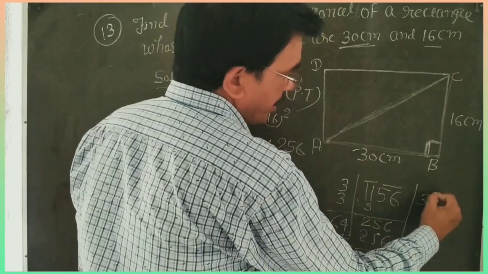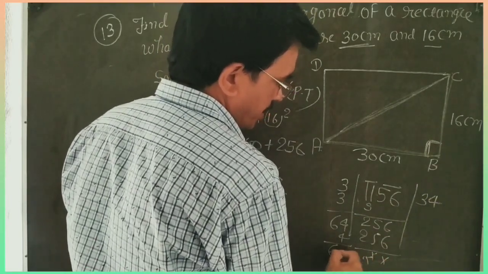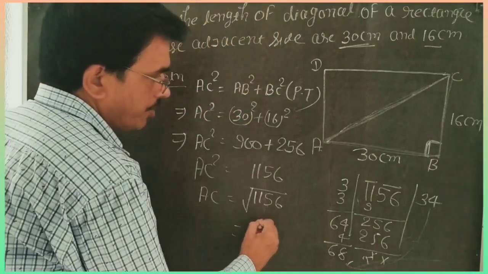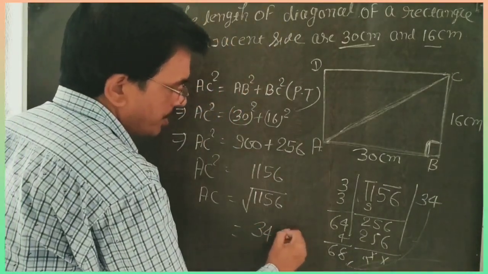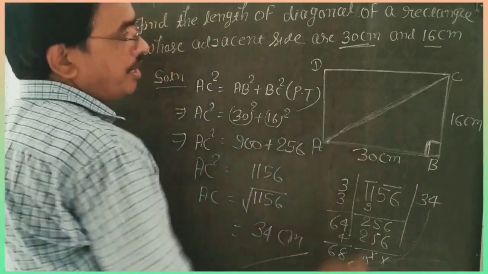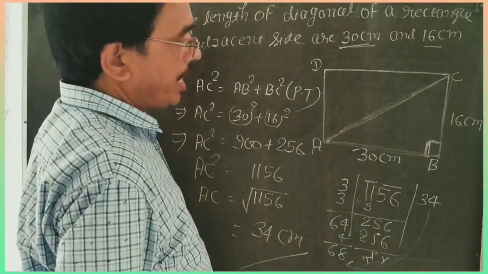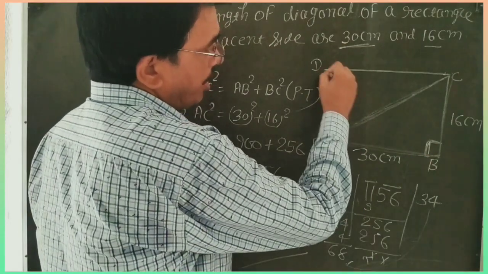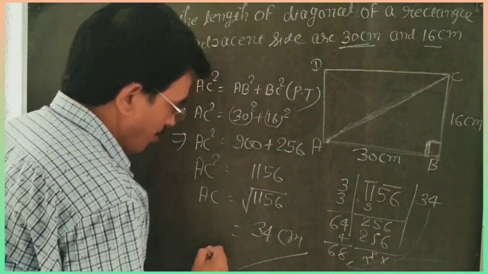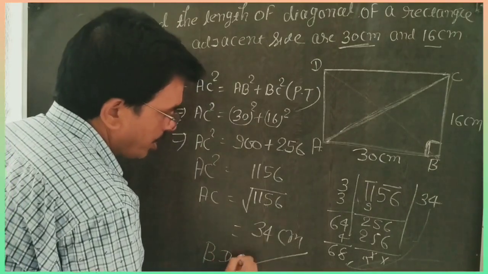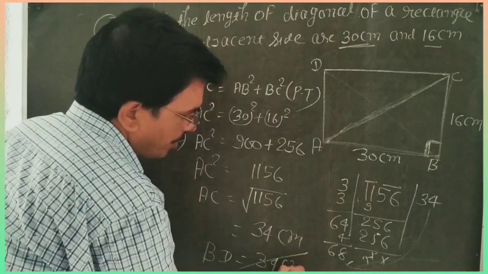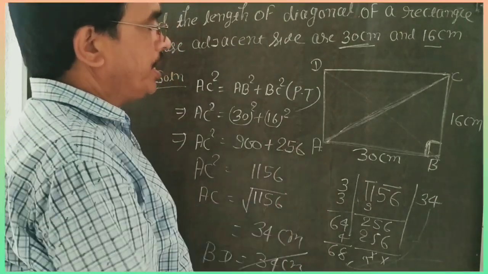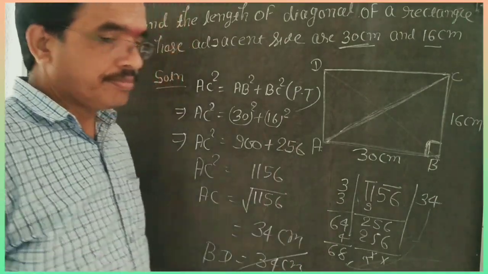Cancel, then it is 4. It is 68, just double of it. So AC is equal to 34 cm and it is the diagonal of rectangle ABCD. And the other diagonal BD is also 34 cm because the diagonals of a rectangle are equal. So you can write it is also 34 cm.